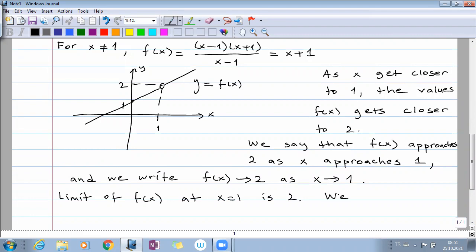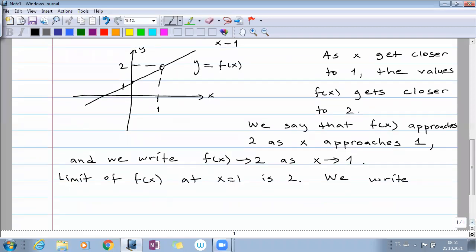And of course, instead of writing this whole sentence, we just write limit as x approaches 1 of the function f of x. Remember, f of x is x squared minus 1 over x minus 1, and this limit is 2.